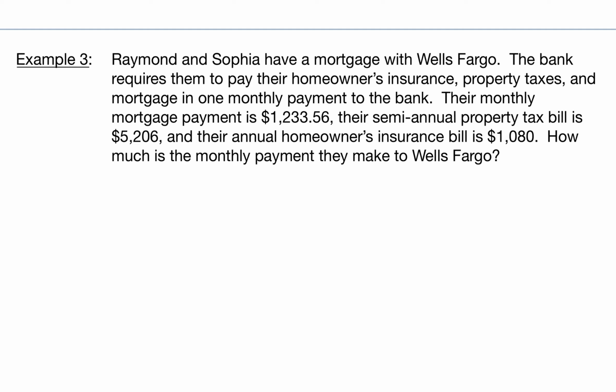All right, so let's go ahead and start with the mortgage. The mortgage amount, we're told, is $1,233.56. Then we have their semi-annual property tax.